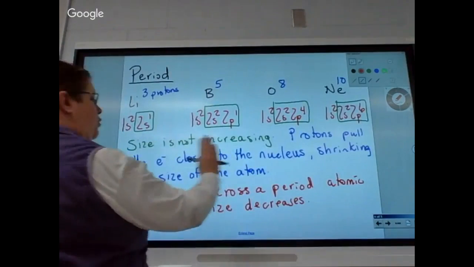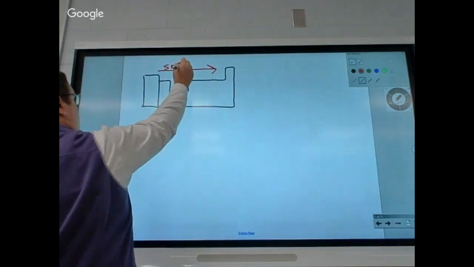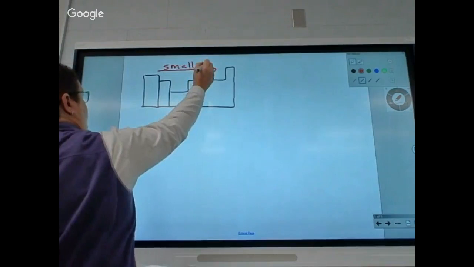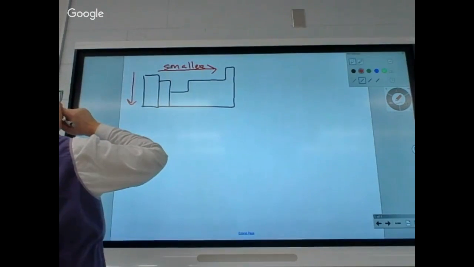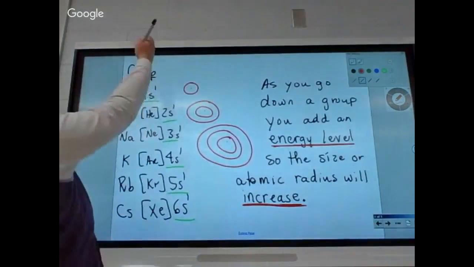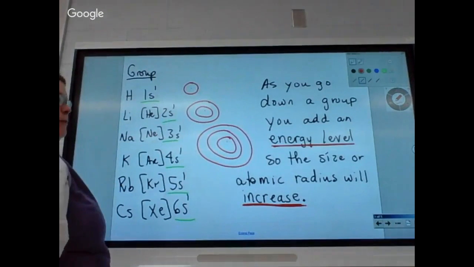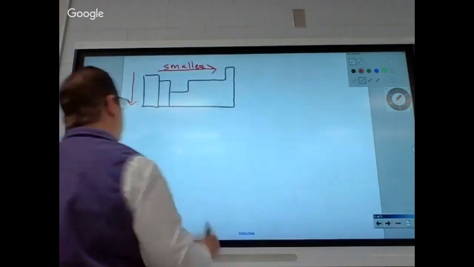It decreases. Okay, so it's going to get smaller as we go this way. What did I say was going to happen as we go down the group? It's going to increase.